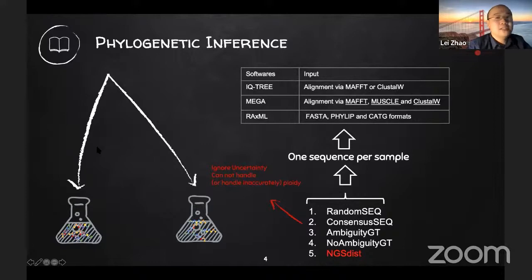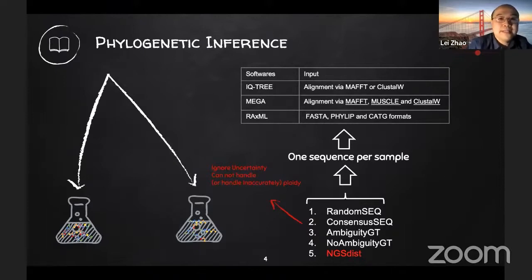So you cannot just randomly choose one, or consistently choose one, to represent the sample. If you do so, especially when the base calling error level is high, or if the read depth is high, you cannot give a very accurate inference of the divergence time or genetic distance between samples.